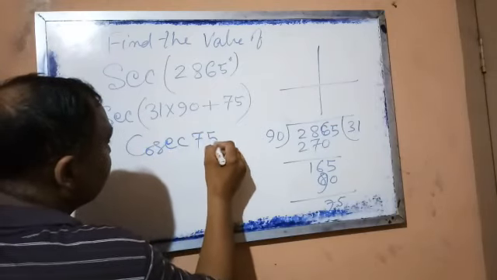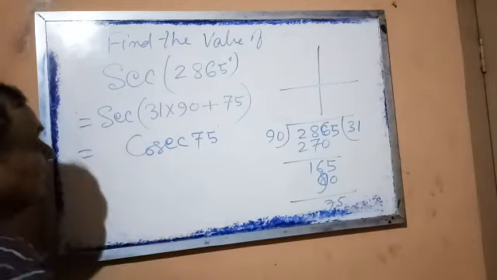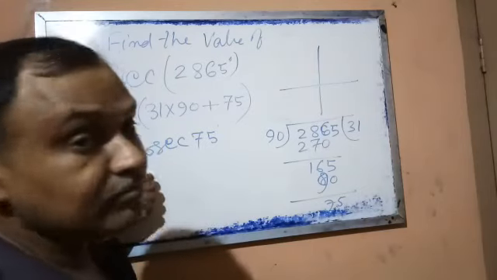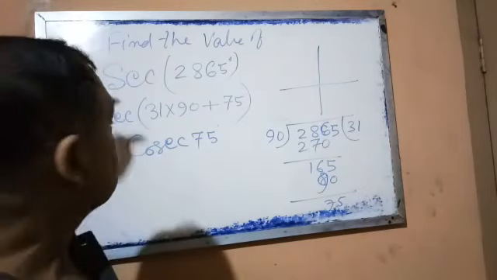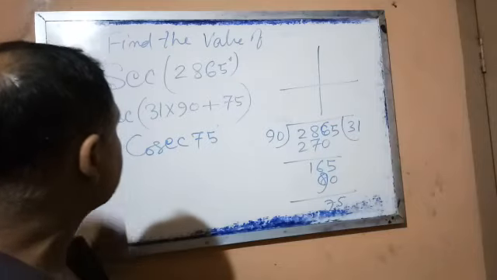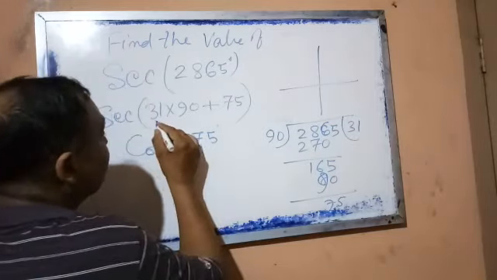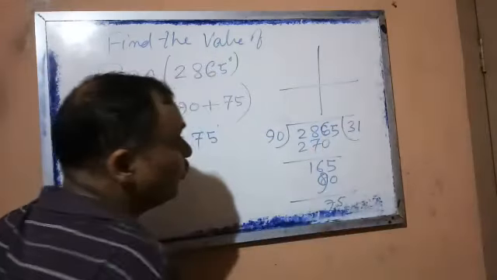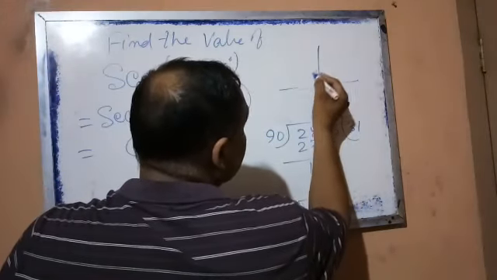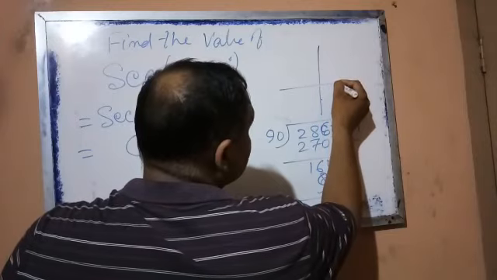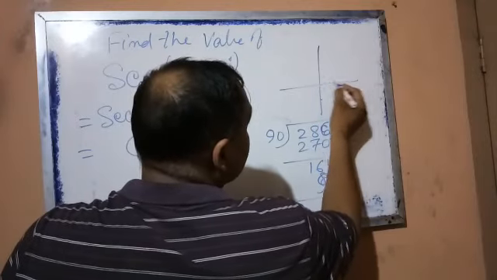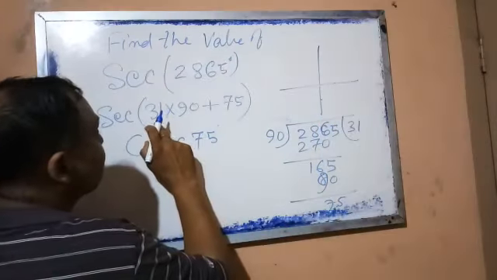cosec 75 degree. Now which quadrant? That will decide the symbol. So sec is falling in which quadrant? It will decide the symbol. So see, 31, na? So what I told, 4 or 4 multiple neutralize, say 1 into 90, 2 into 90, 3 into 90, 4 into 90. So 4 or 4 multiple neutralizes. So 4 7s are 28.